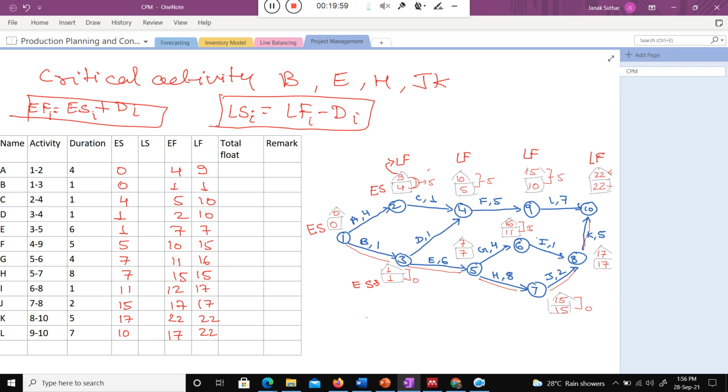Suppose that particular activity will complete in 9 weeks, so that is the late finish. Late means I can do some delay, and the late finish of that particular activity is 9. So when do I start that activity? 9 minus 4, which means at week 5 I start that particular activity. Are you getting my point?